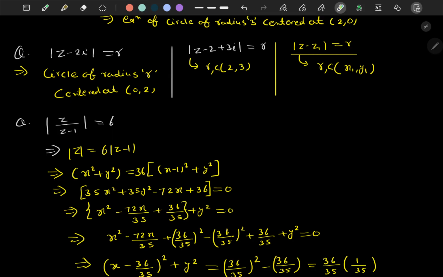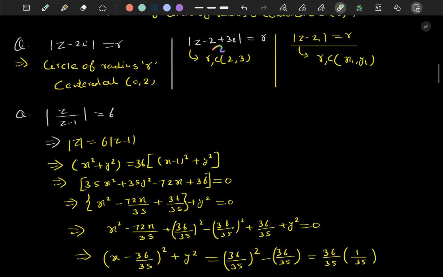You have to know this information is hidden in this equation. By looking at the equation, you must find out what it is representing: simply a radius and its center.